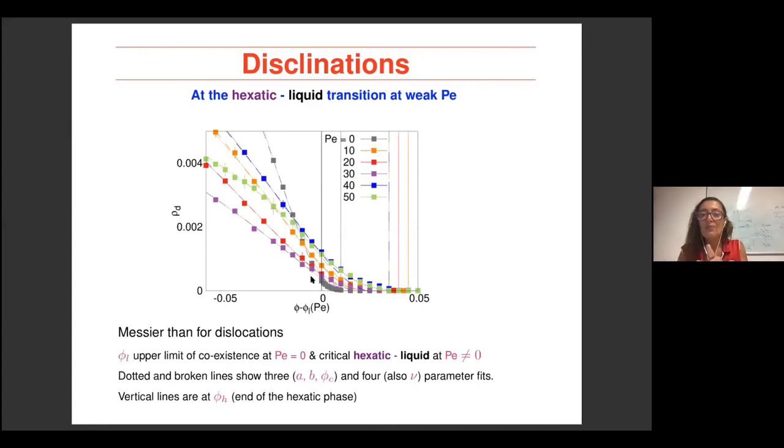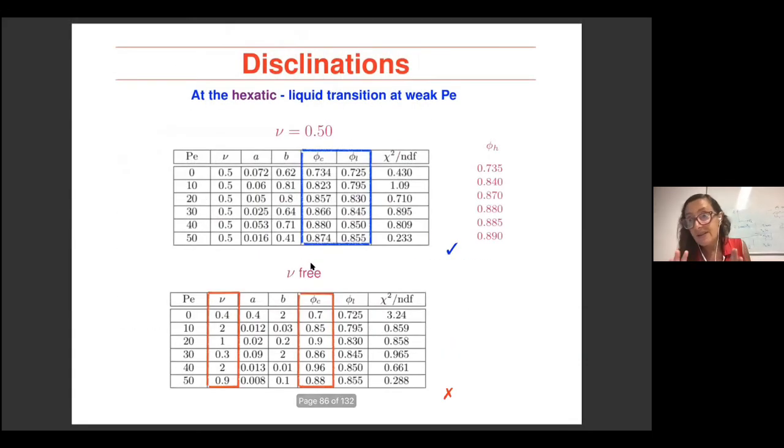You can see how the density of free disclinations depends on the control parameter close to the transition, and whether you have the exponential going down to 0 predicted by Kosterlitz-Thouless, with nu equal to 1/2. Again, it's very, very difficult to be sure, but if you do honest fits, 1/2 is not bad.